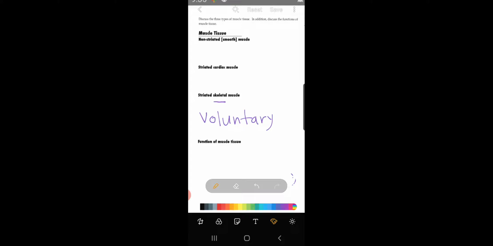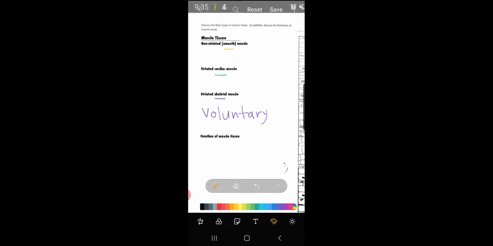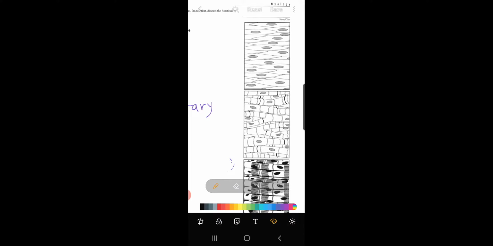Striated is just the structural lines in the cells. So when I say striated skeletal muscle, usually people are just going to refer to it as skeletal, cardiac, and smooth. With striated skeletal muscle, let me see here if we can find the picture to that one. Yes.